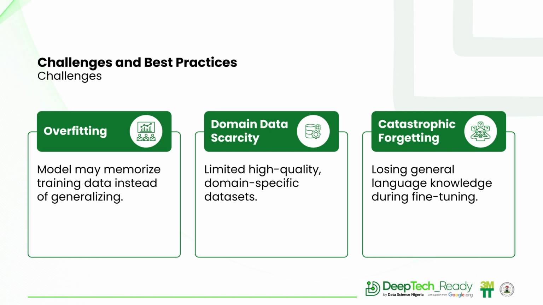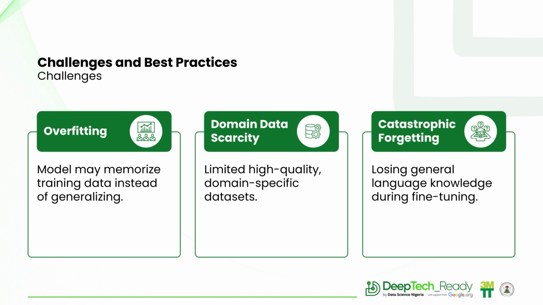Lastly, catastrophic forgetting occurs when the model loses its ability to handle general language tasks because it becomes too focused on the domain-specific data. To mitigate this, it's important to use small learning rates and to carefully balance domain-specific and general tasks during fine-tuning.